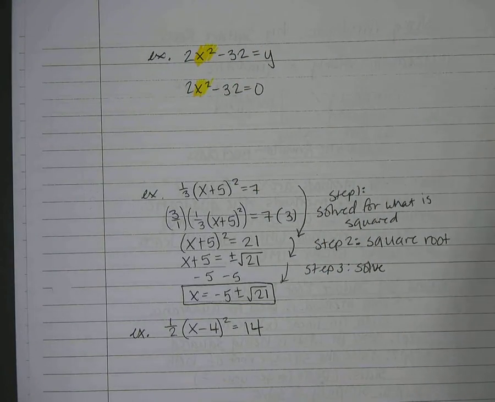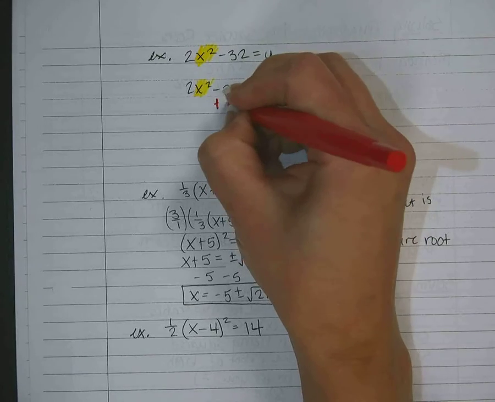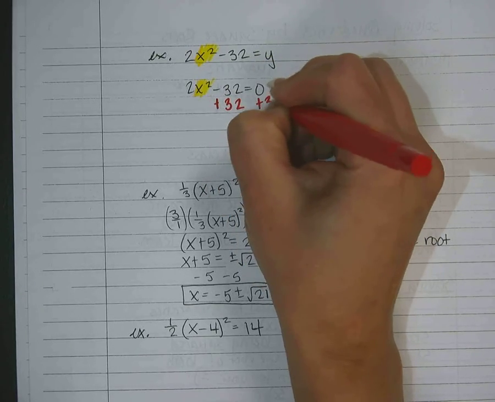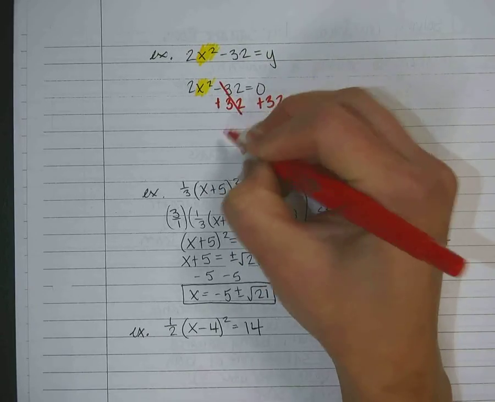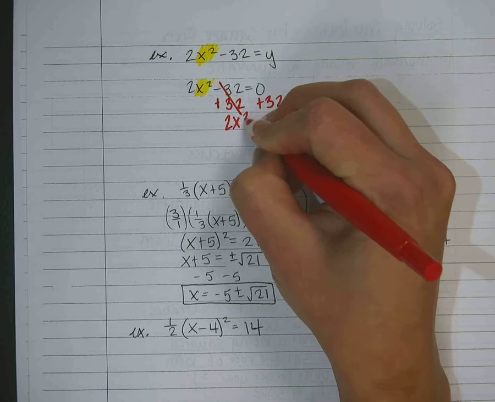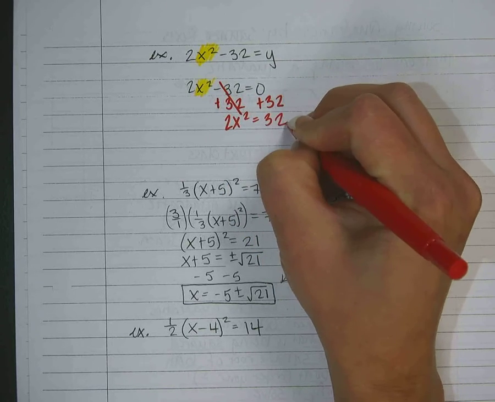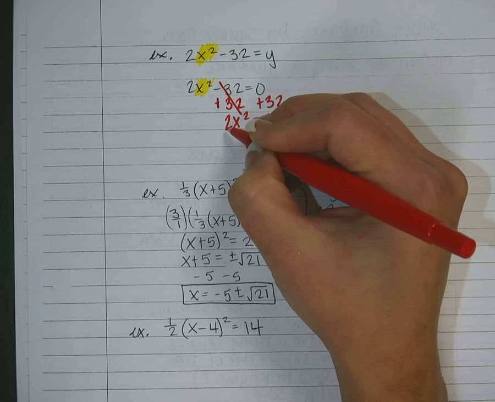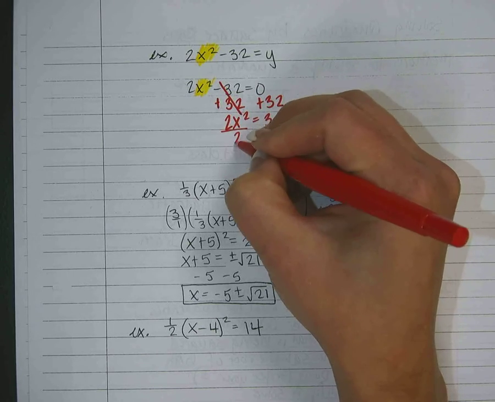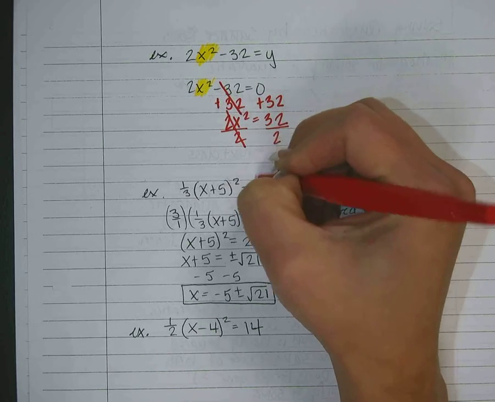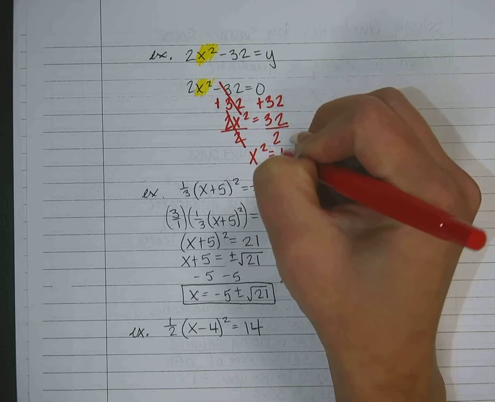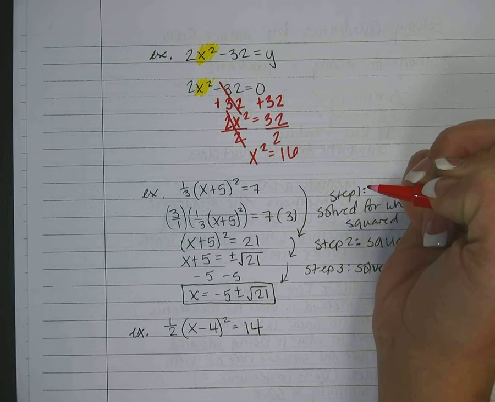So now, here we go. Plus 32. And I'll get 2x squared equals 32. But this isn't solved for yet. There's still a 2 next to it, so I need to divide. And I'll get x squared equals 16.